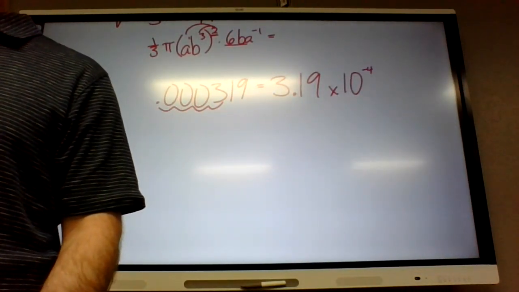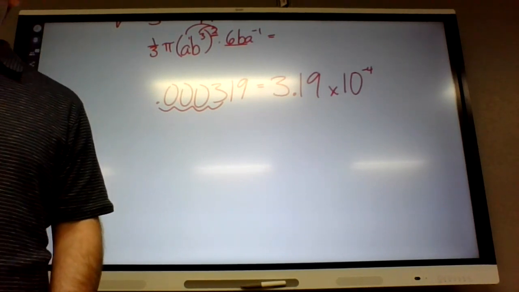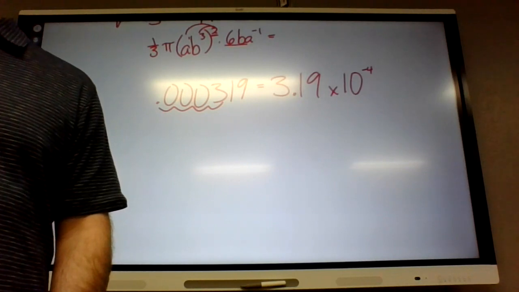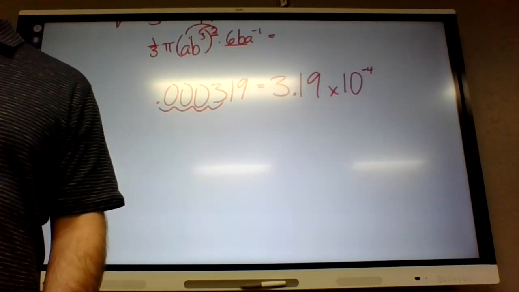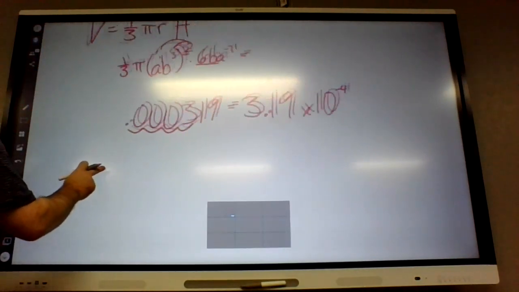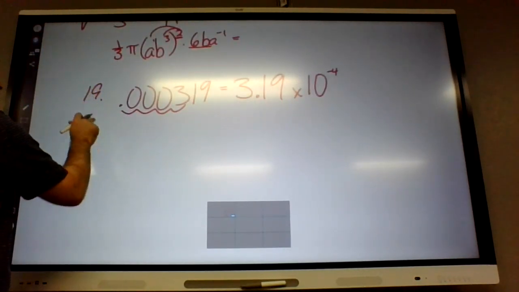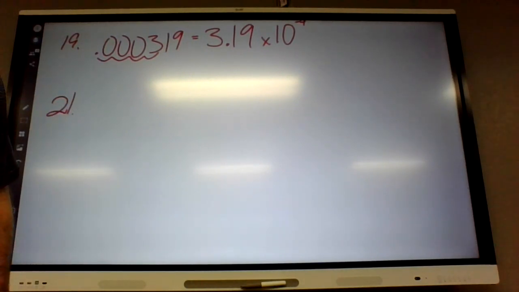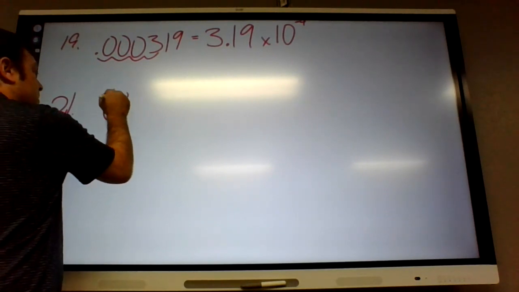The decimal place would just move 8 times to the right because you're multiplying by 10 to the positive 8. The number should get much bigger. Okay, that's 19. Number 21.